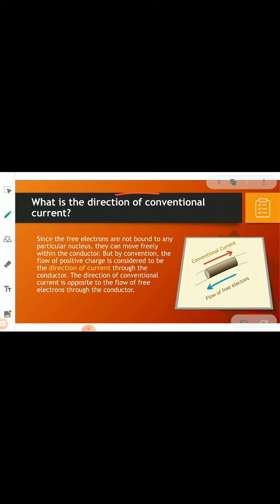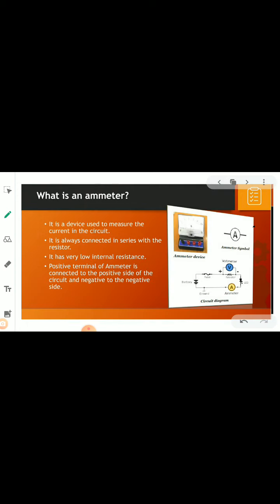So now what is the direction of conventional current? You have to know. In the last picture you have seen the current flows from, here you can see the positive terminal of the battery, and here the negative terminal of the battery.